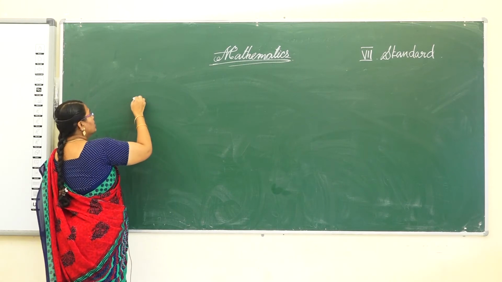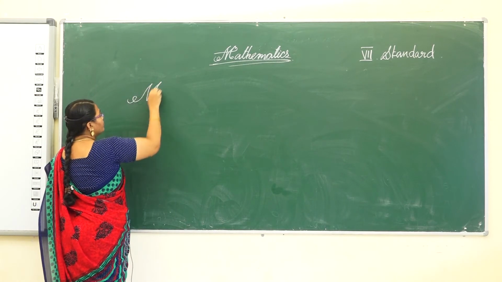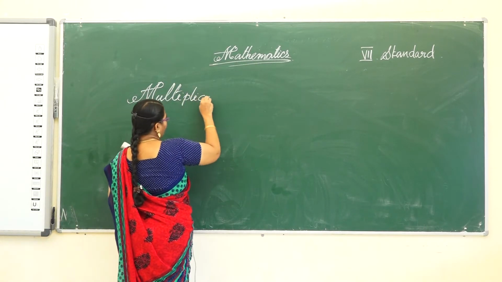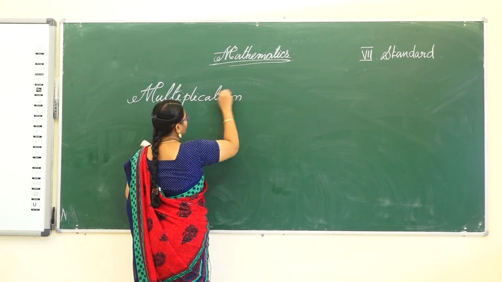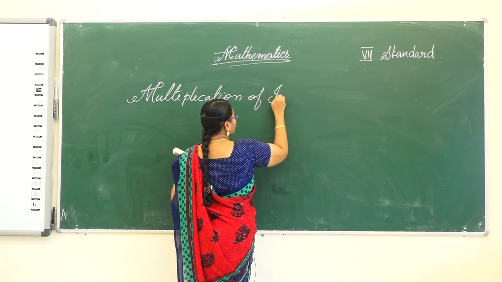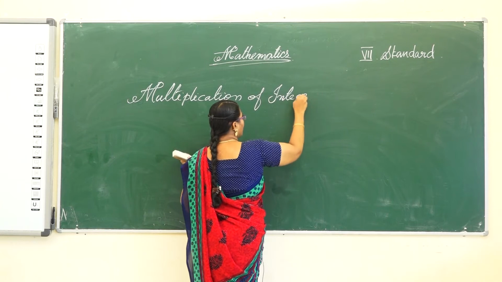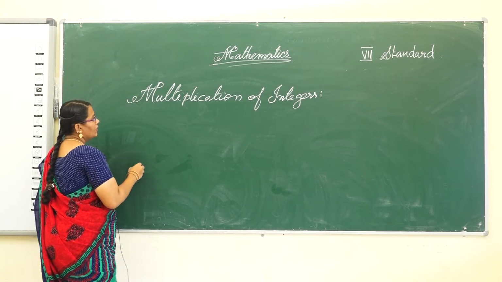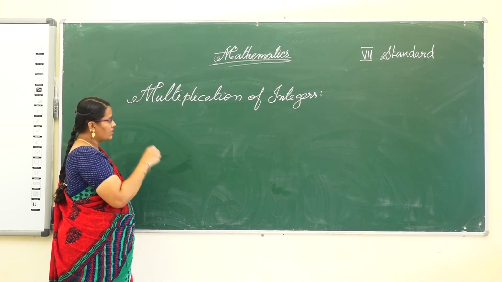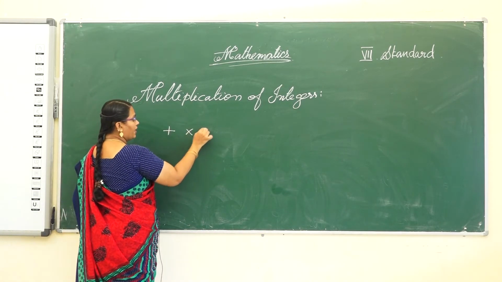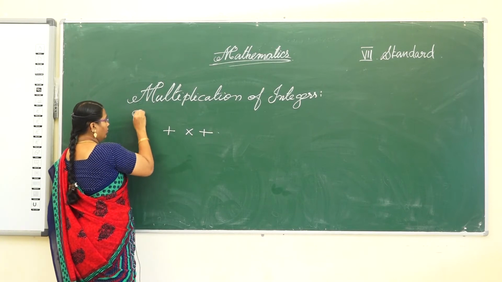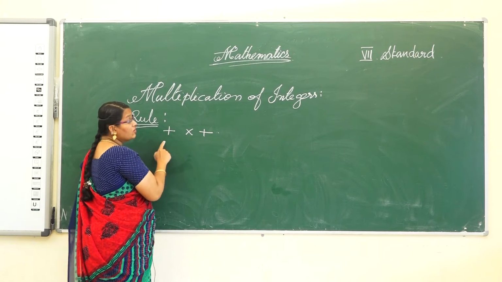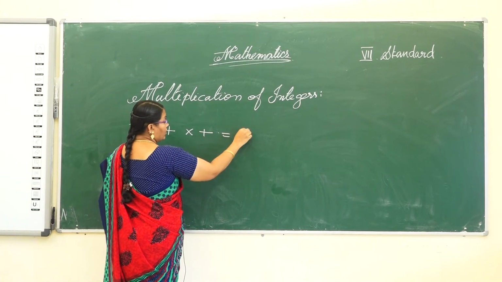Let us see the first concept, multiplication of integers. Here we follow some rules. The multiplication rule: two positive values multiplied, we get a positive value.